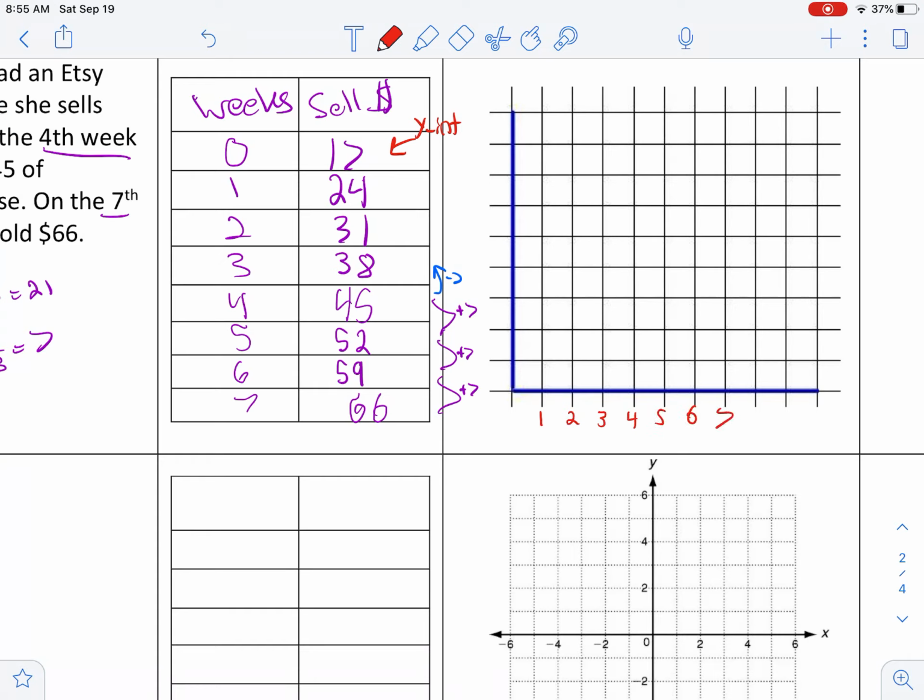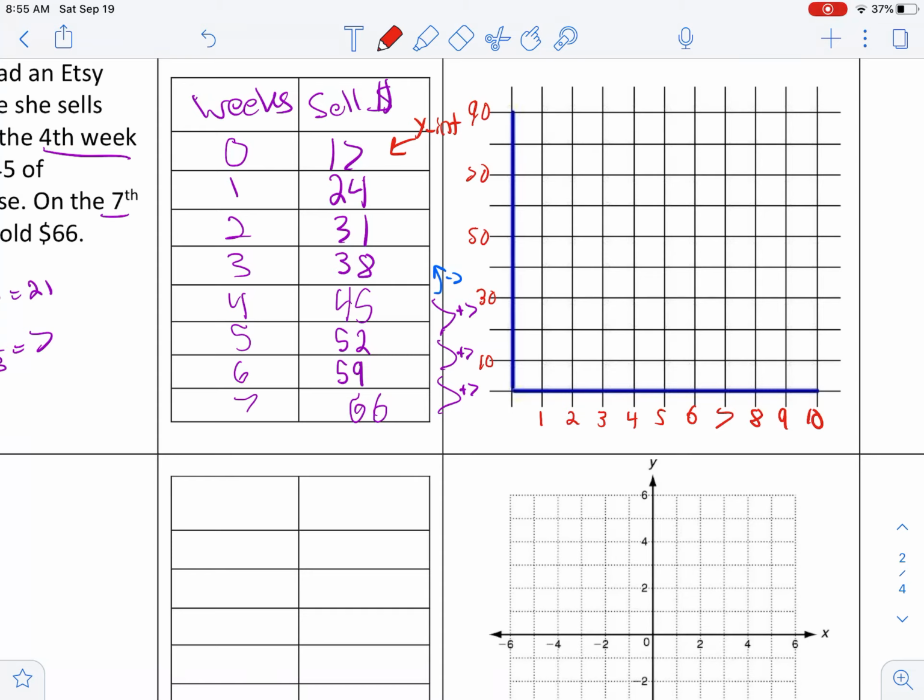And if I want to go higher, I can. And then we need to go all the way up to at least 66, maybe a bit more if we extend this out. And I think I'm going to extend it out. And then to keep life simple, I will count by tens here. So this would be 10, this would be 30, this would be 50, this would be 70, and this would be 90.